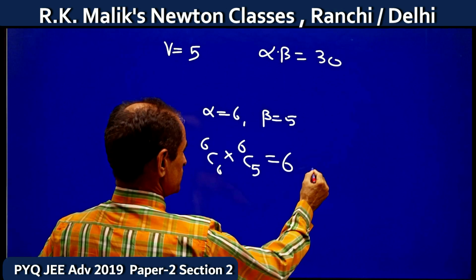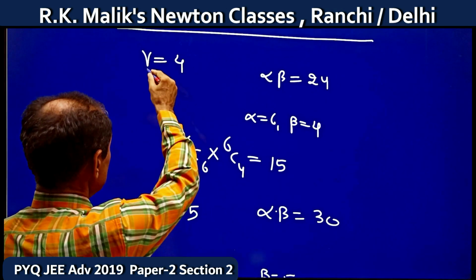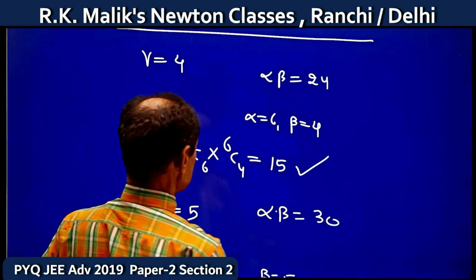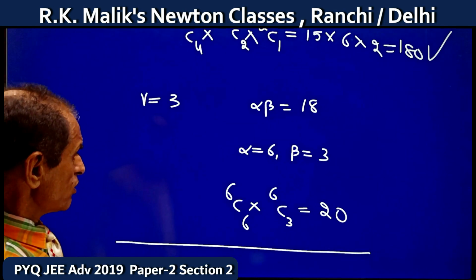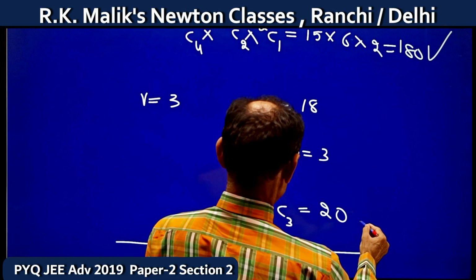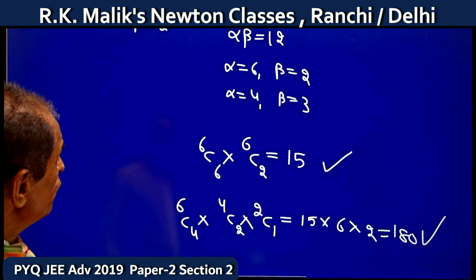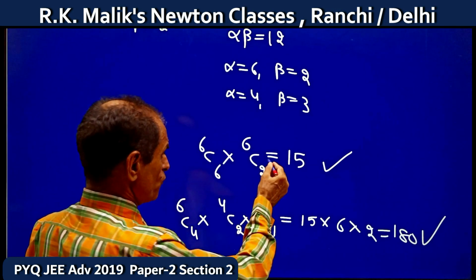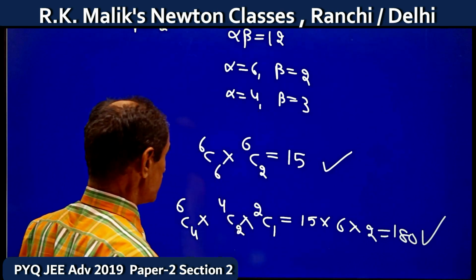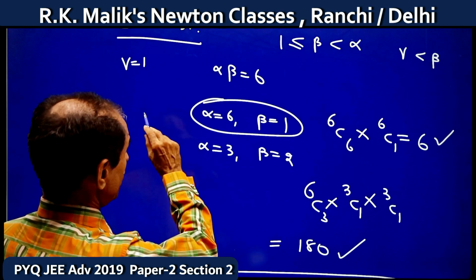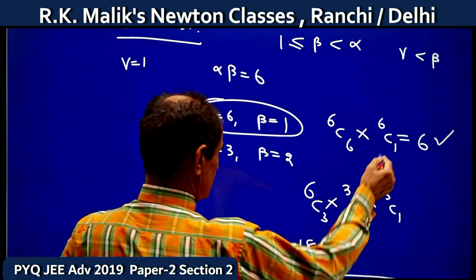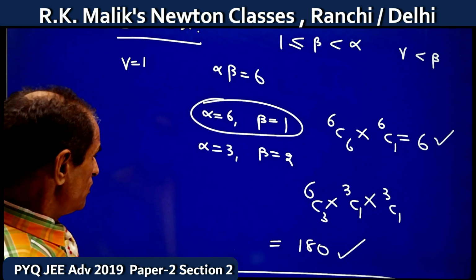For gamma equal to 5, 6 cases. For gamma equal to 4, 15 cases were there. For gamma equal to 3, 20 cases were there. For gamma equal to 2, 15 and 180 cases were there. For gamma equal to 1, 6 and 180 cases were there.